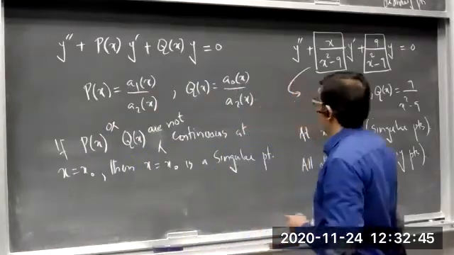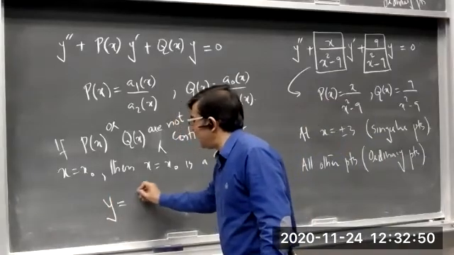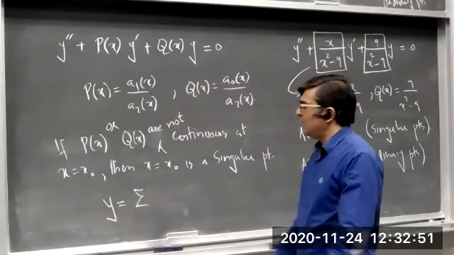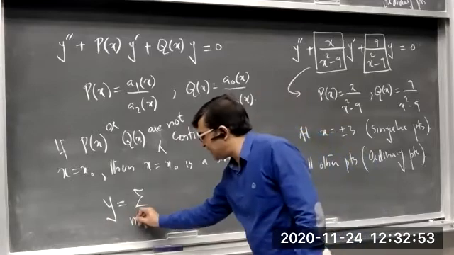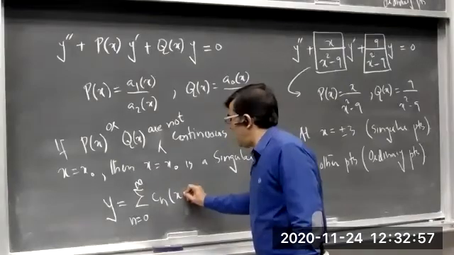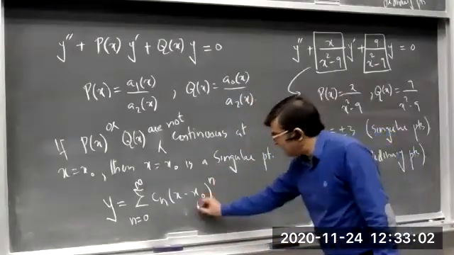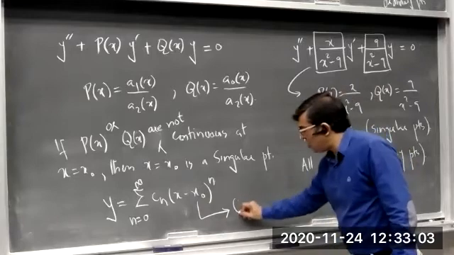For example, if you assume that the solution y can be expressed as a power series in x minus x naught whole raised to power n, then this x naught should be an ordinary point.